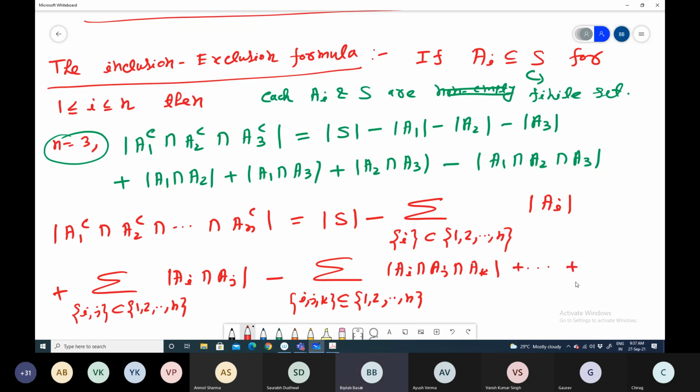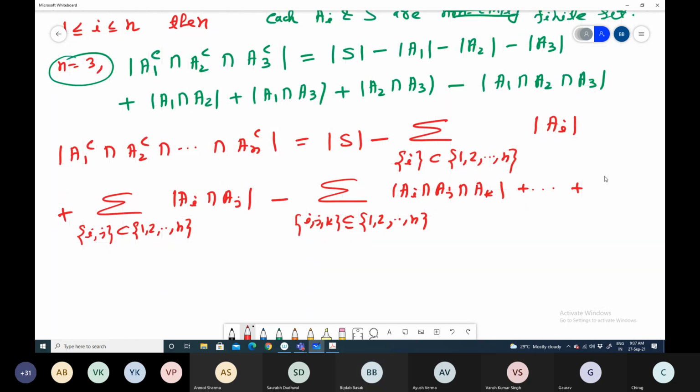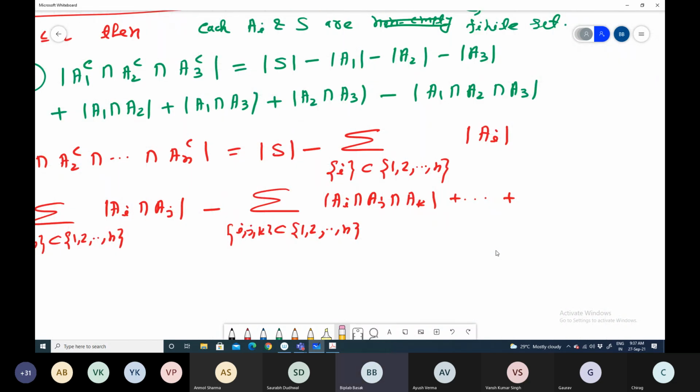The last term will be (minus 1)^n times the cardinality of the intersection A1 intersection up to An.